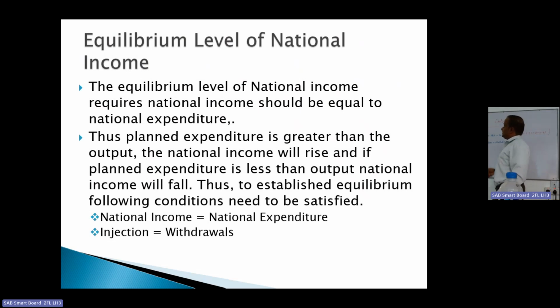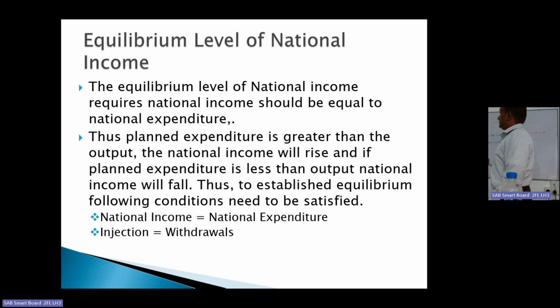What happens if expenditure is higher than the income? Then there is an adjustment: if the expenditure is higher, there is a rise in the income. So that will increase the income.